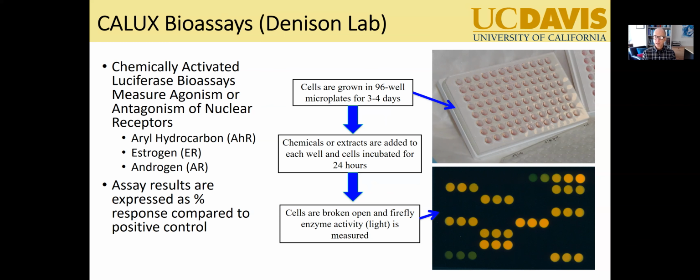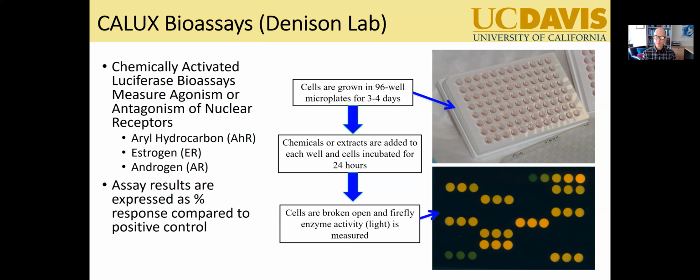So agonism is when the chemical extract evinces more activity than it had in the control. And sometimes we see the opposite. We see antagonism, where the response is actually suppressed.